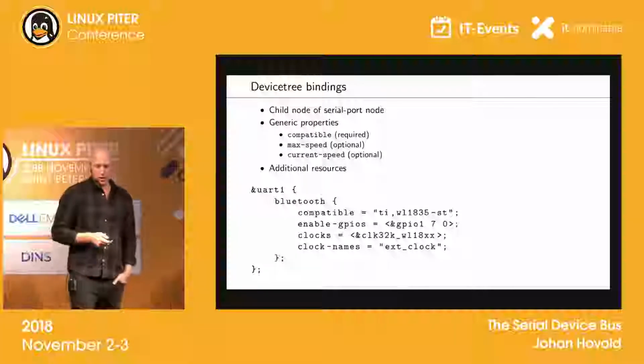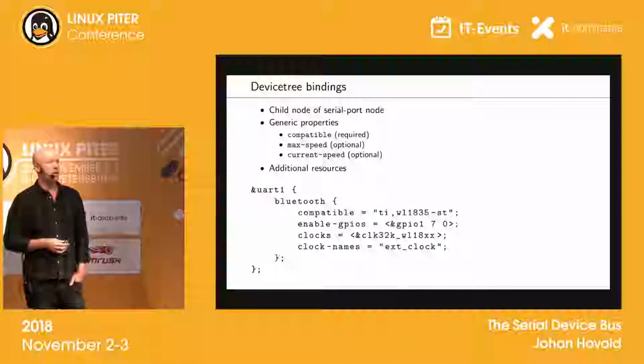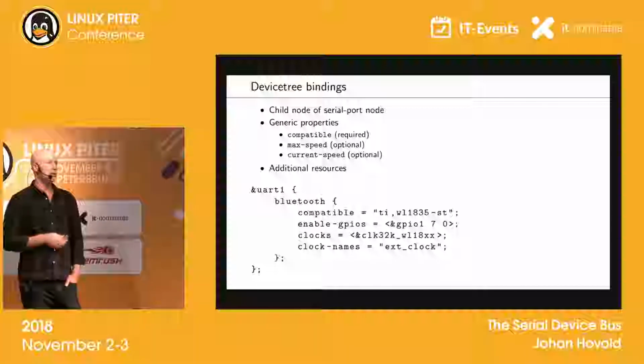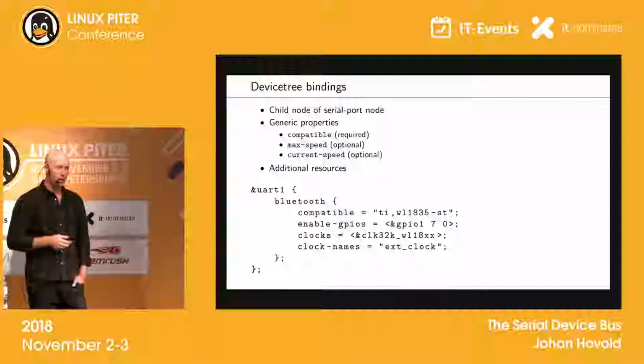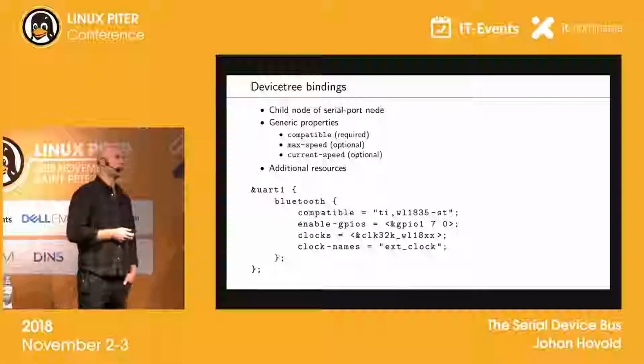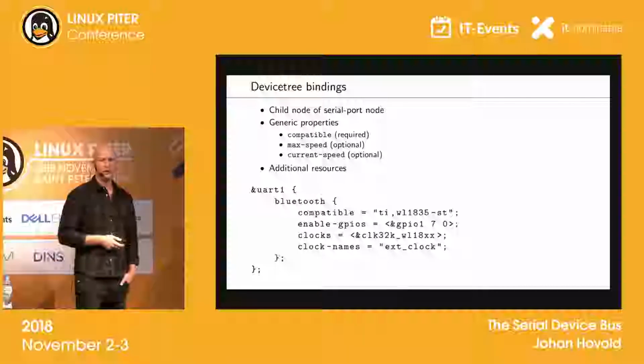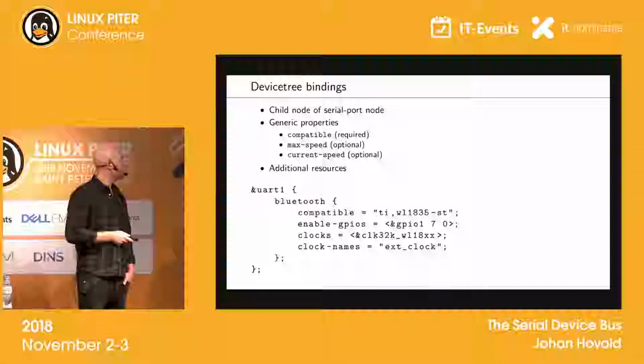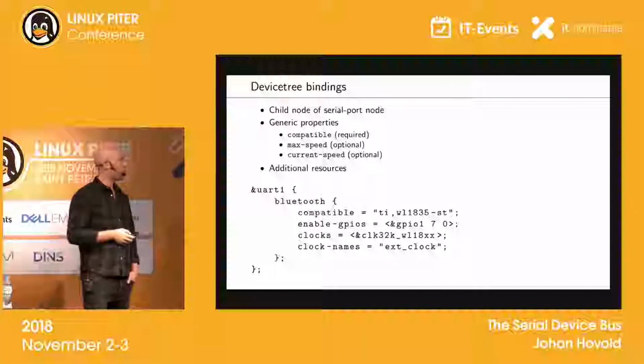Okay, so if you want to use this is perhaps more interesting. It's an example of how the device tree bindings would look. So a device tree binding for a SERDEV device is simply defined as a child node of a serial port node. And there are currently 3 generic properties defined, of which only the compatible property is required.